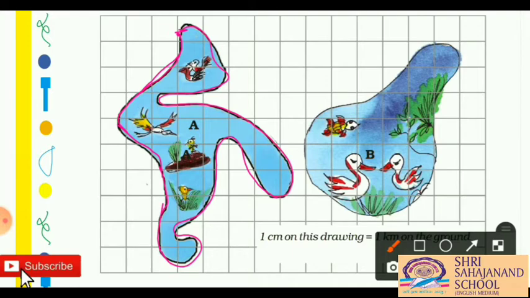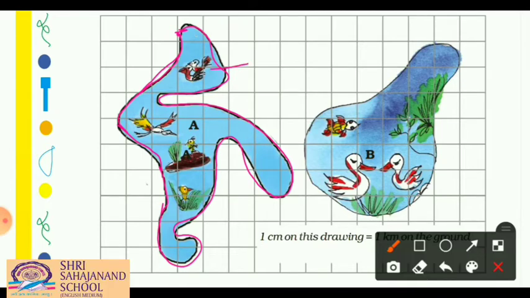So here you can see in a red sketch I have tried to lay a thread to measure this Lake A. After this, just make it straight and put it on any scale or ruler, then you can measure it, and I found it was 36 centimeters.